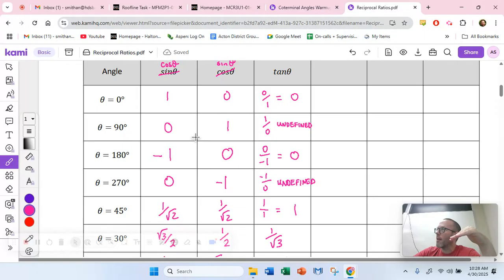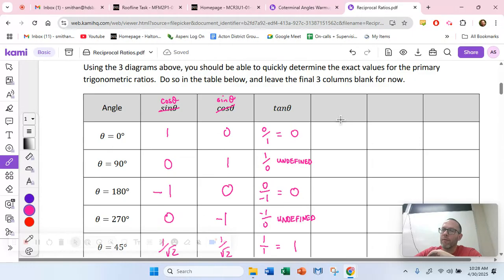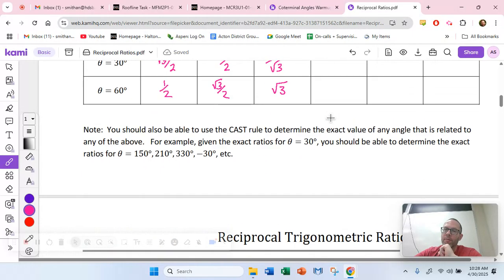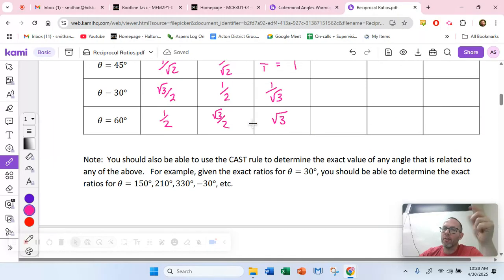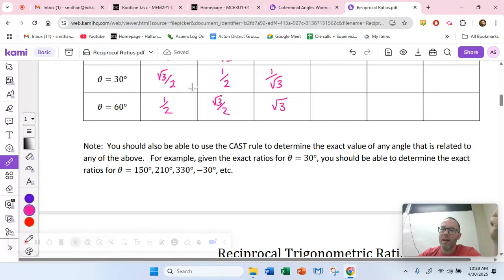Before today, these are the 7 angles where you guys should be able to give me the exact values for the 3 ratios. We're going to leave that space for our 3 new ratios. Now, we're going to do this in a second. But not only should you guys be able to get exact values for these angles, you guys know the CAST rule as well, and now know all about related angles.